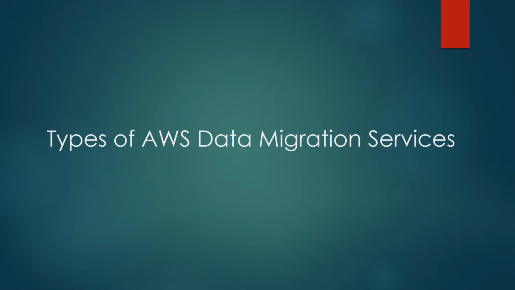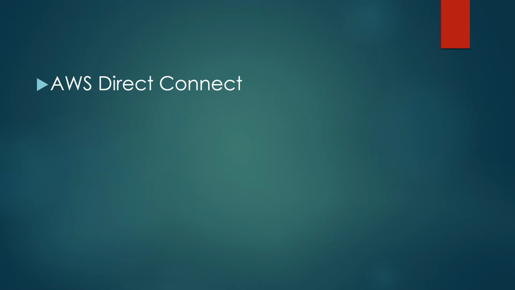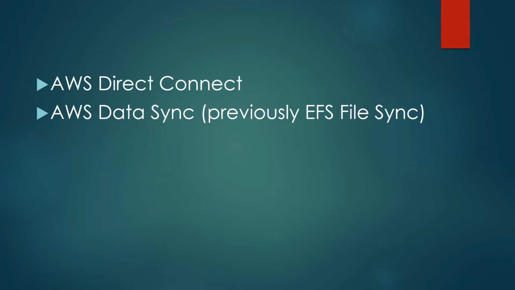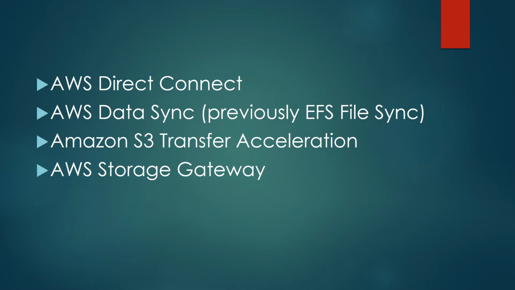However, for now, we will be looking into the ones that are most widely used. They are the AWS Direct Connect, AWS Data Sync, which was previously known as EFS File Sync, Amazon S3 Transfer Acceleration, AWS Storage Gateway, and finally the AWS Snow family. Let us look into each one of these listed options in detail.